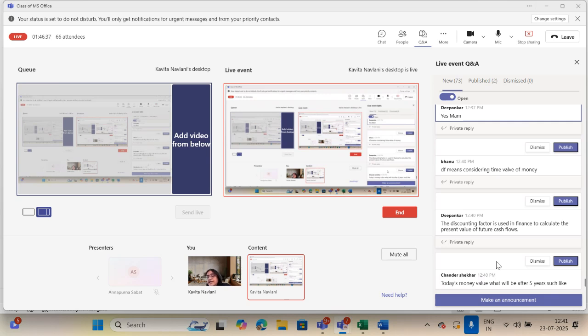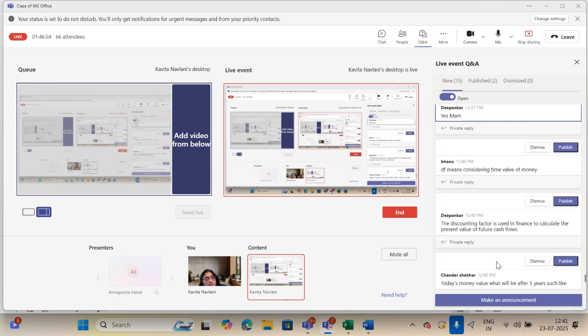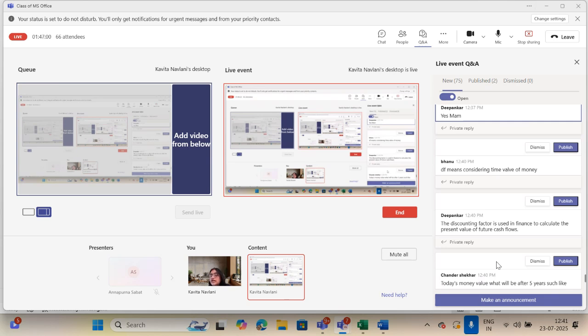According to the time value of money, you calculate the rate known as IRR. This is the rate at which all your inflows will be equal to outflows.